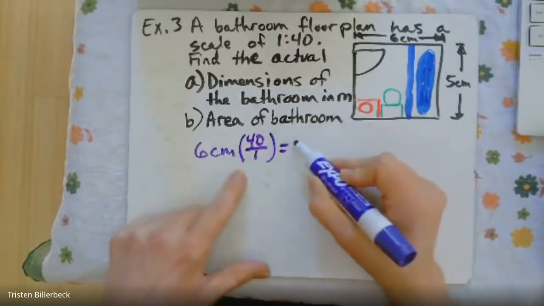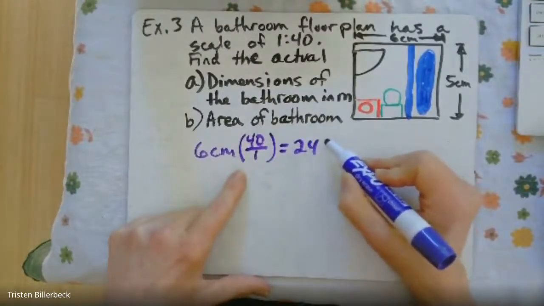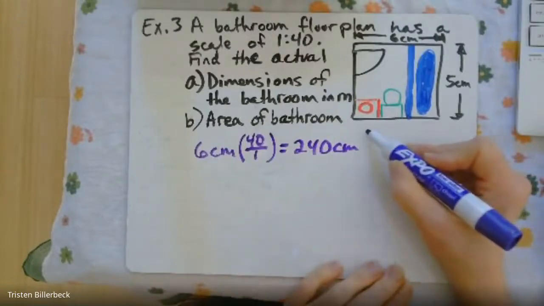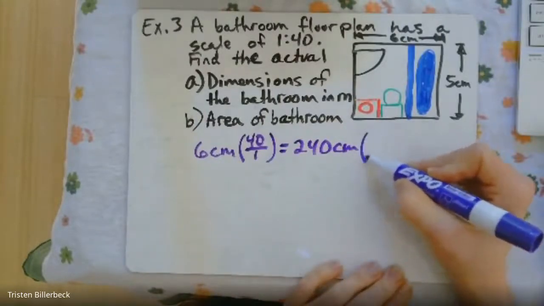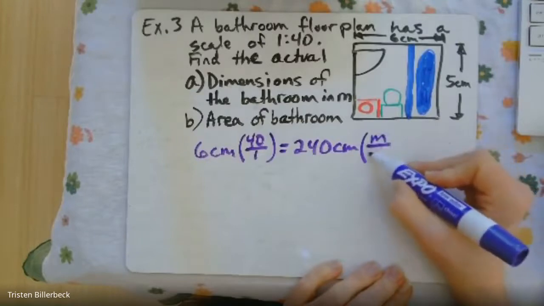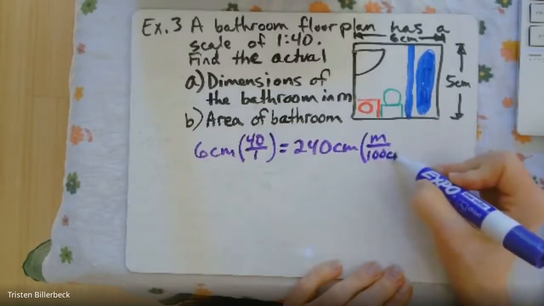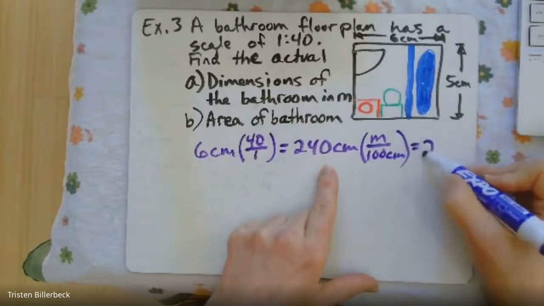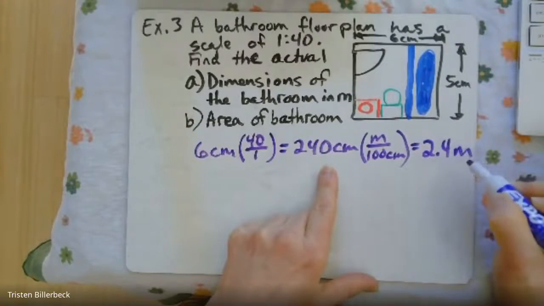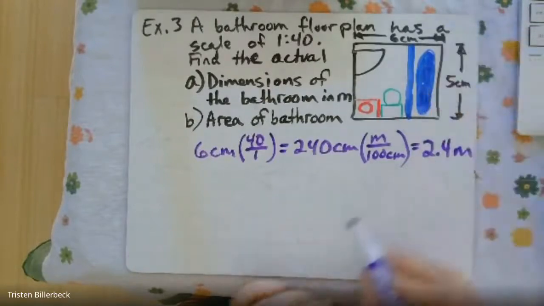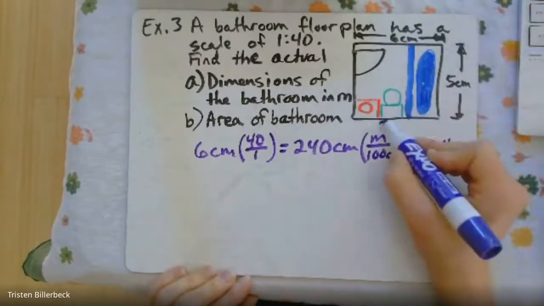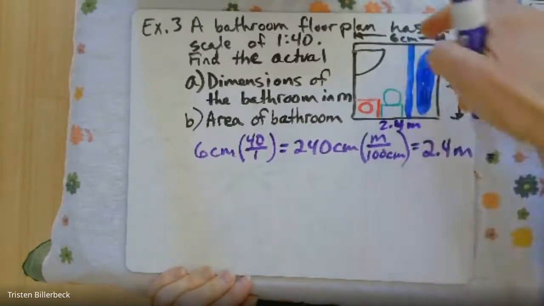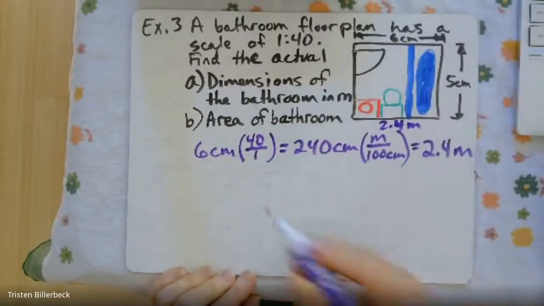So this gives us 240 centimeters, but then we need to convert it to meters. So we have 1 meter over 100 centimeters. So this gives us 2.4 meters. So 2.4 meters is this length that converts to 6 centimeters on the paper.